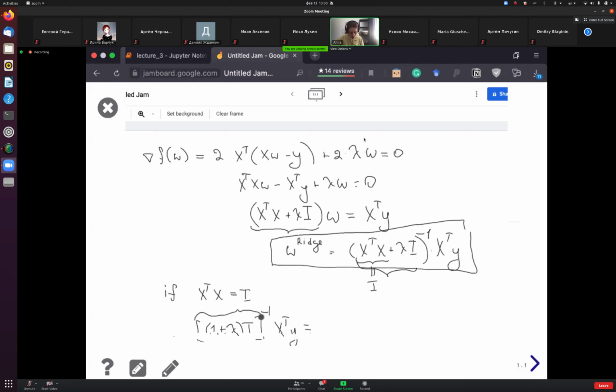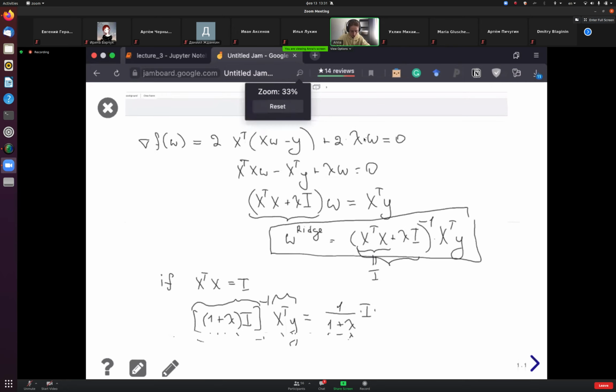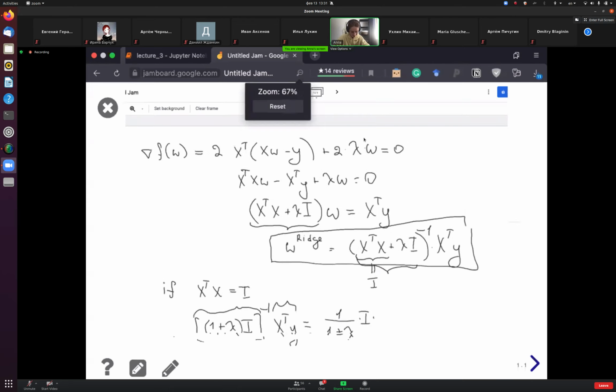So this part, including the inverse, will be equal to 1 divided by 1 plus lambda times the identity matrix, multiplied by X transpose Y. I'm trying Control minus, but as you see, that only zooms out the menu part, not the one that I'm writing on, so that's not helping a lot. That's weird, you don't see the whole slide? Yes.